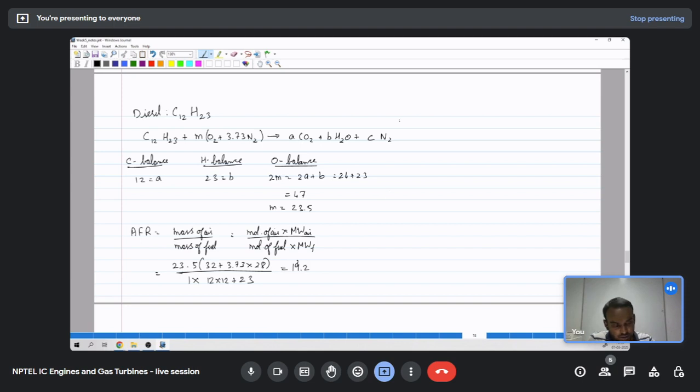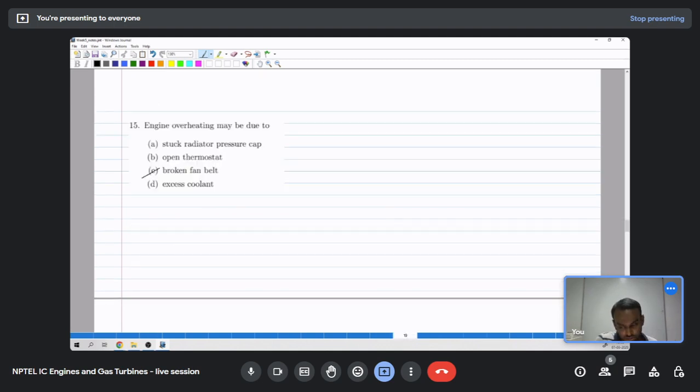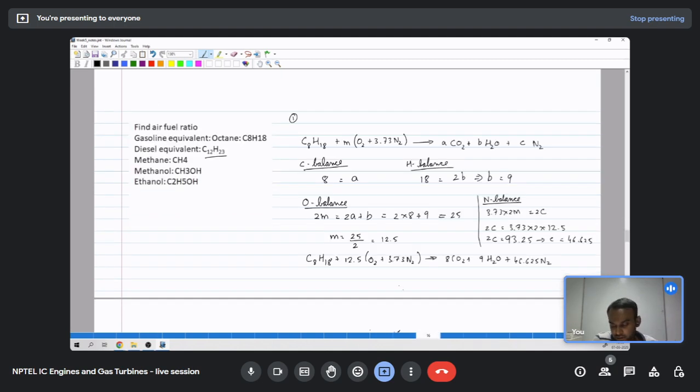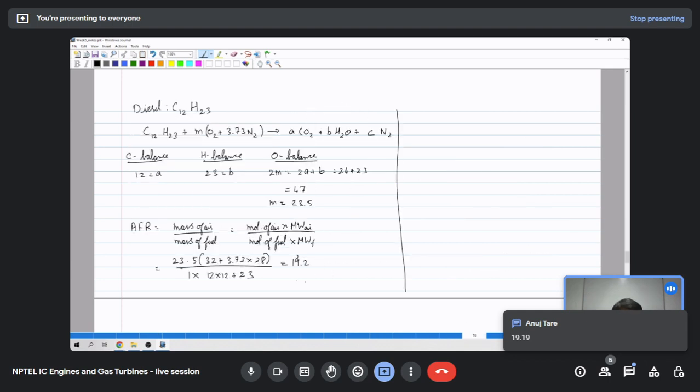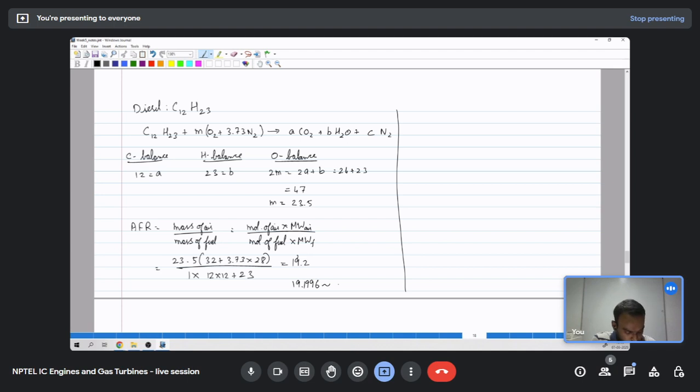So that means for diesel the air fuel ratio is approximately 19.2. Yeah, 19.19 is correct. So actually I had 19.1996, and this I approximated to 19.